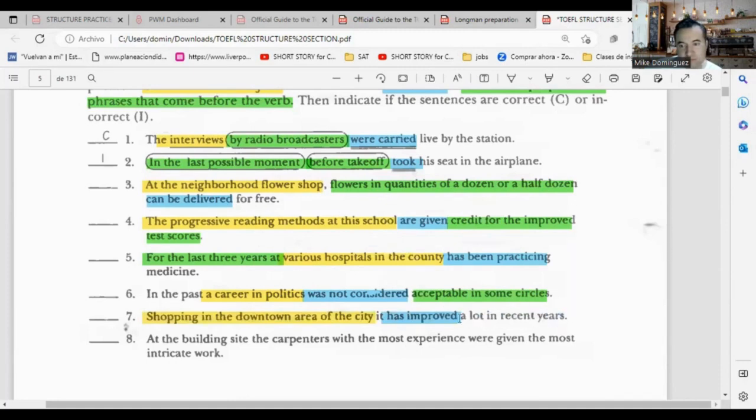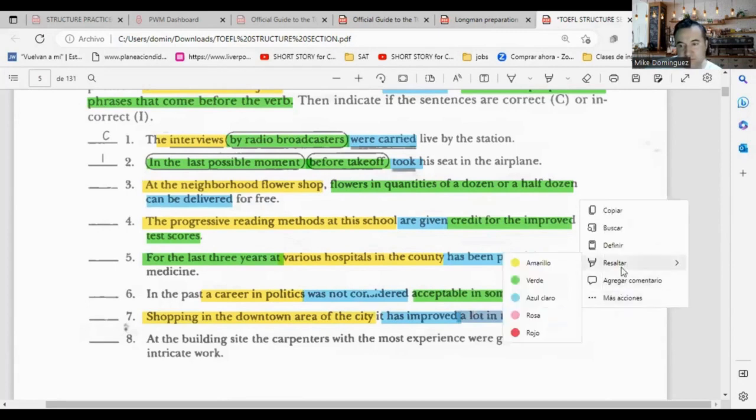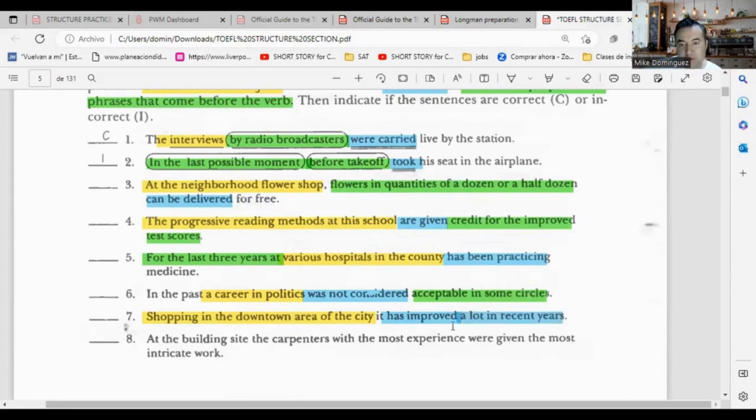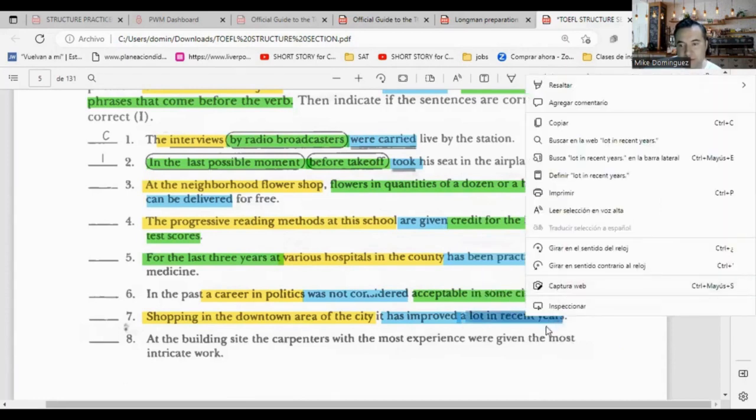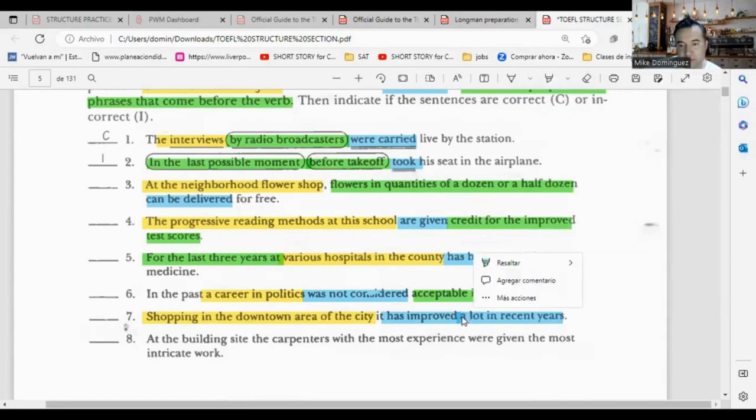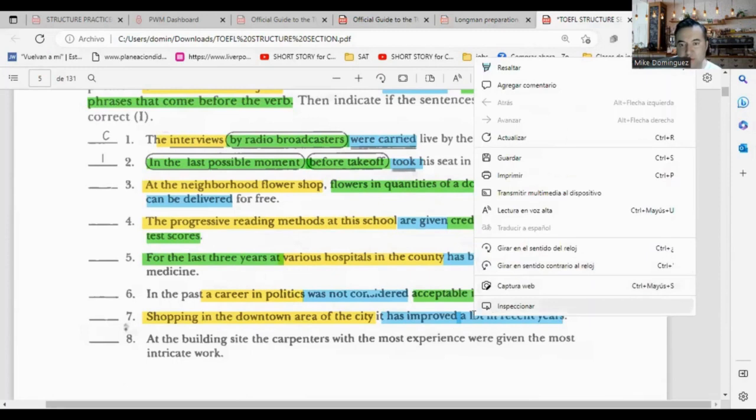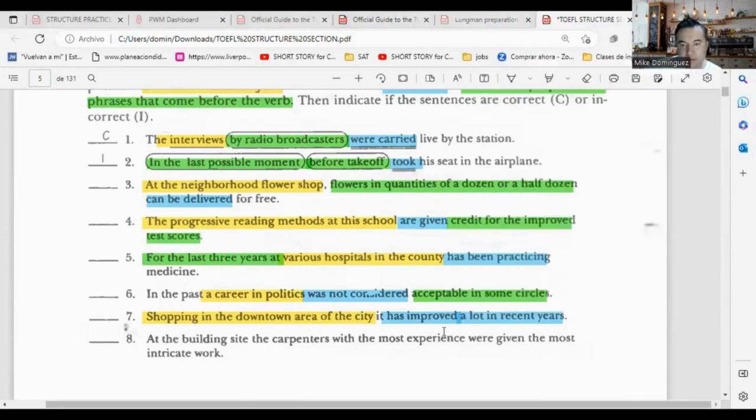And it is incorrect. Why? Because it has two subjects.